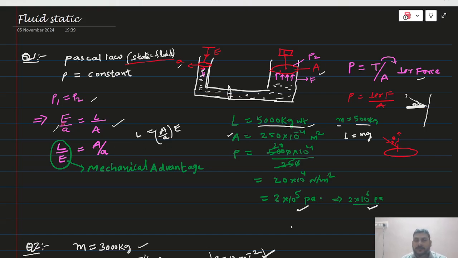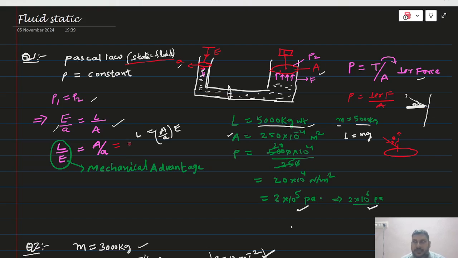Now see, the pressure on the small area at this point is equal to E by a, and at this point it is L by A. So L by E is equal to capital A by small a. This L by E, load by effort, is called mechanical advantage. In Pascal's law and the wheel and axle case, it becomes capital A by small a.